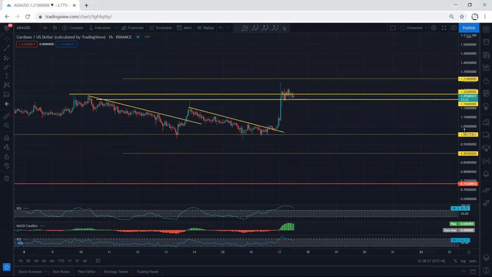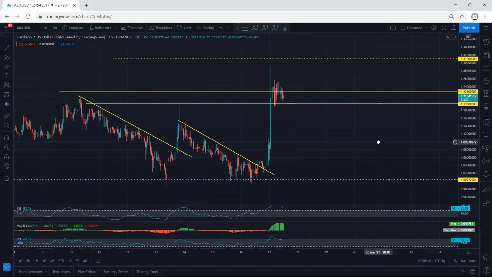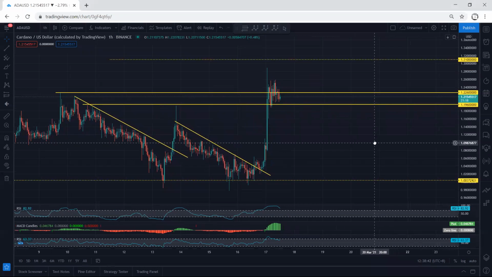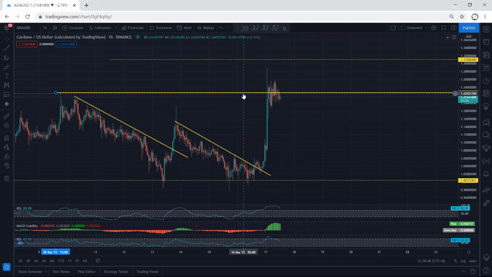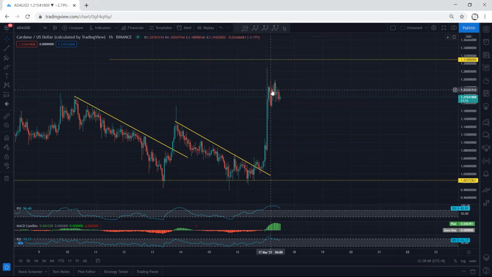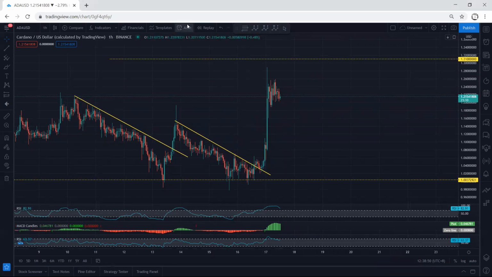If I move to the 1 hour chart, right now we don't have any trade setup. That means whatever correction we have right now, we cannot trade it. The only way is to have entry above the top, which is very risky. The best thing is we wait and get a more complex correction for continuation.